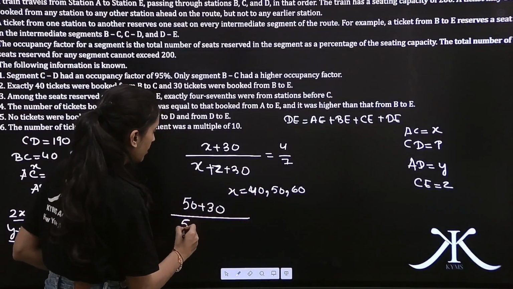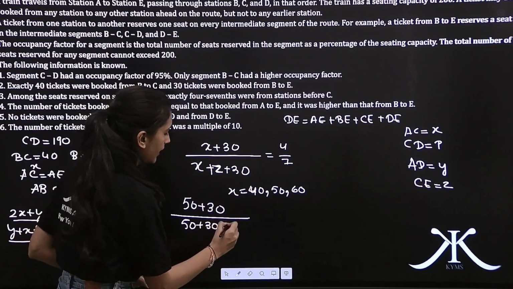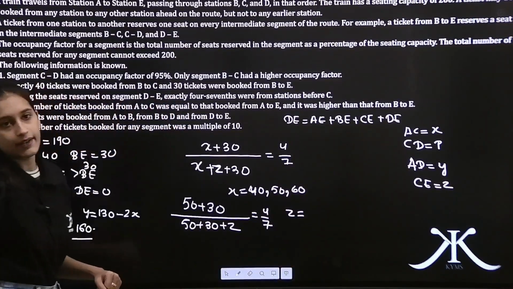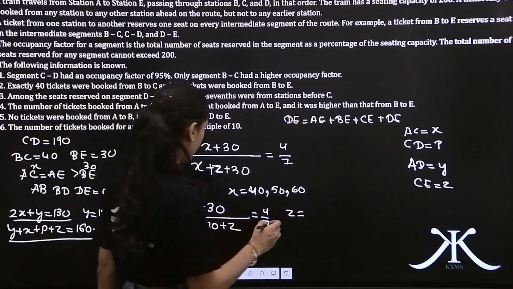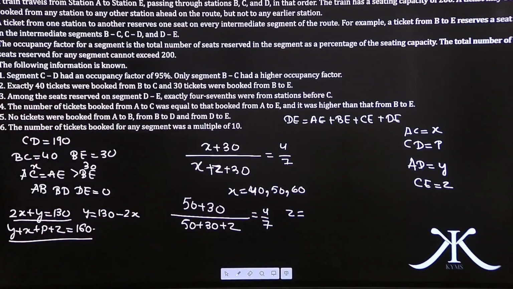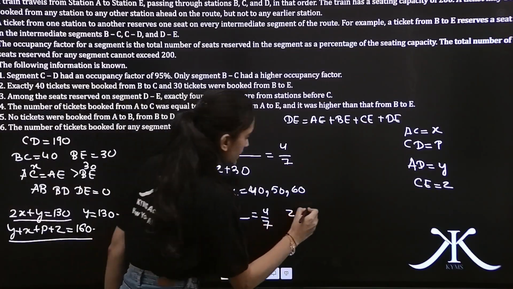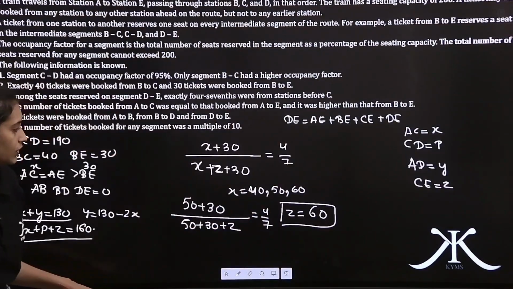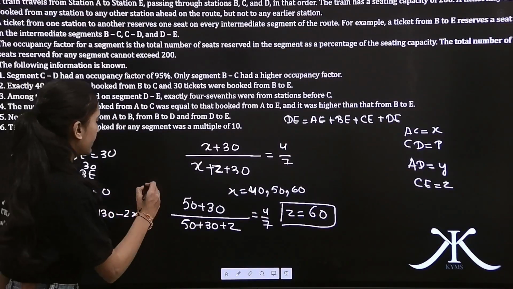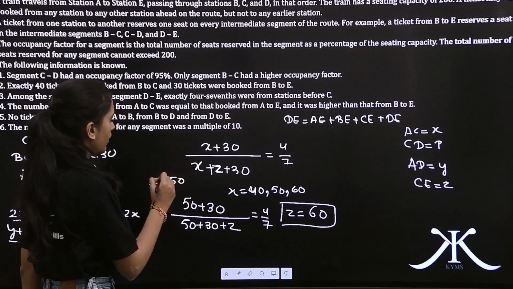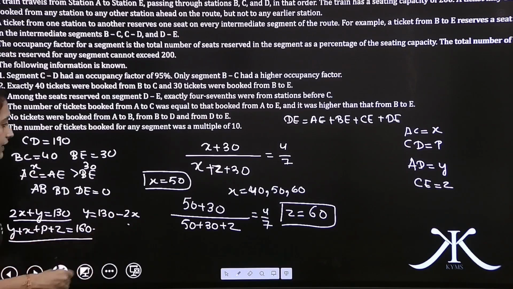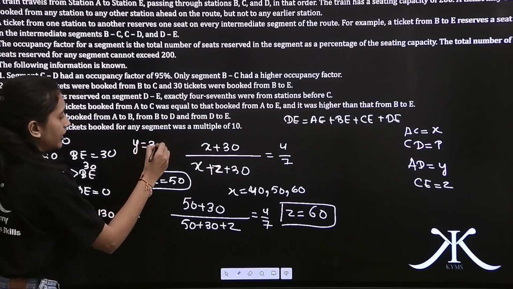Now 50 plus 30 plus Z is equal to 4/7. Solving this we will get Z equal to 60. We got our first values, Z is equal to 60 and X is equal to 50. After putting X equal to 50 over here, we'll get Y as 30.